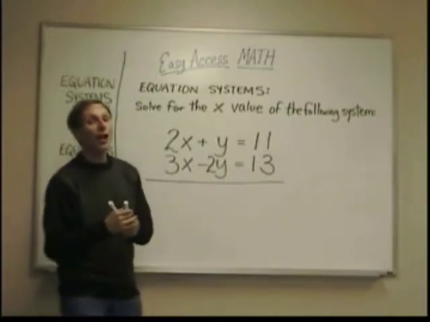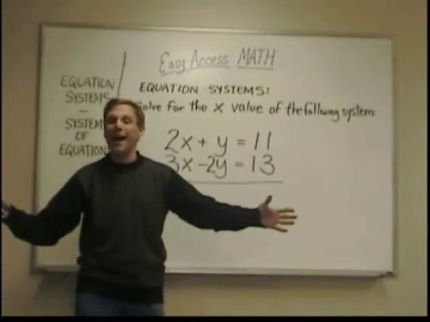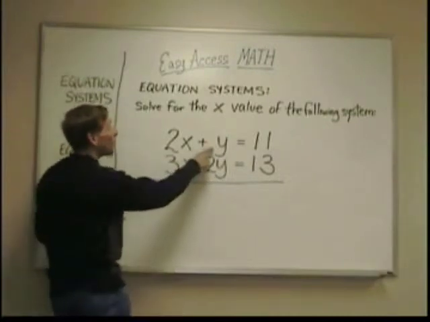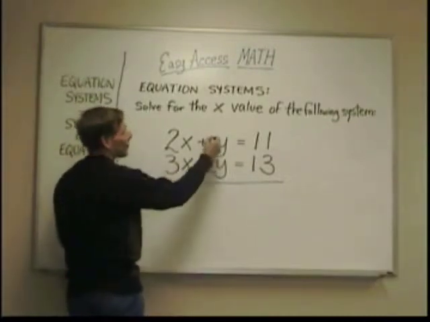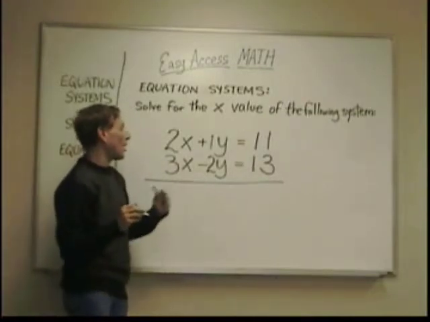You know, if you're very lucky, the values might be the same and they cancel each other out. But likely they won't. So here I have a plus y, remember that's really a 1, and a negative 2y.